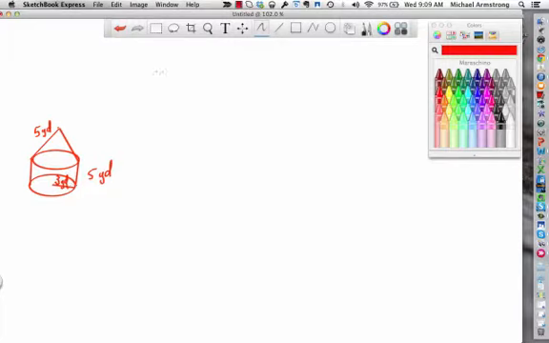We have to remember how to find the surface area of the cylinder, but we just need the bottom and the lateral side. We don't need the top.